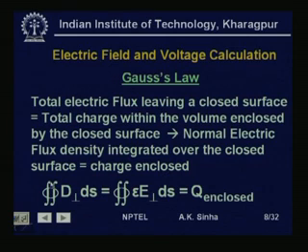Mathematically, we can write this as the surface integral over the closed surface of electric flux density D, or the electric flux density which is normal to the surface, into ds, will be equal to the surface integral of epsilon E, which is again normal to the surface, into ds, that is over the whole surface.